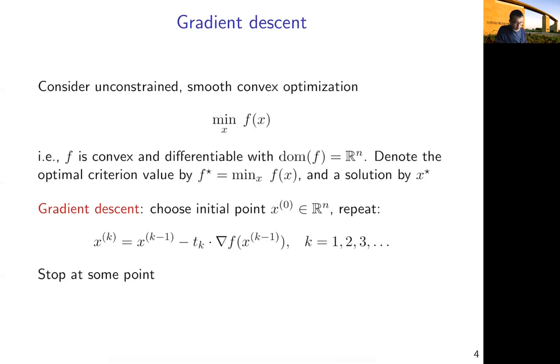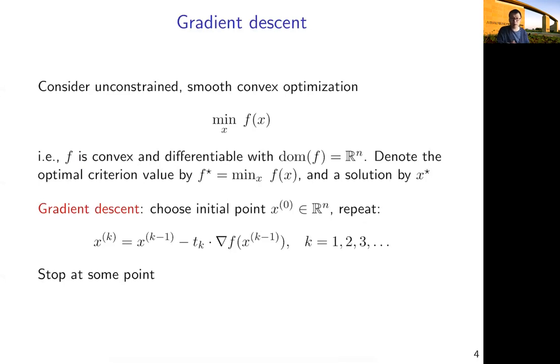After you run gradient descent for a number of iterations, then you stop. The hope is that at the time you stop, at the kth iteration, you can show that this xk is a nearly optimal solution compared to the best possible solution globally in R^n. We'll denote the optimal objective function value as f star, and the solution that attains this optimal value by x star.